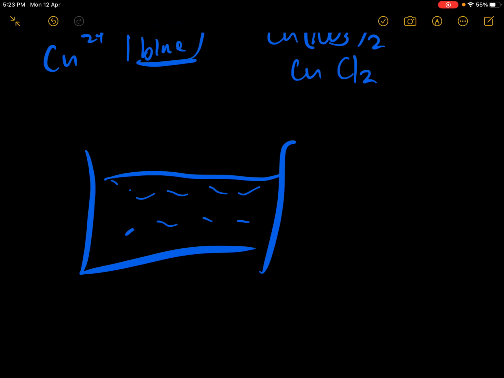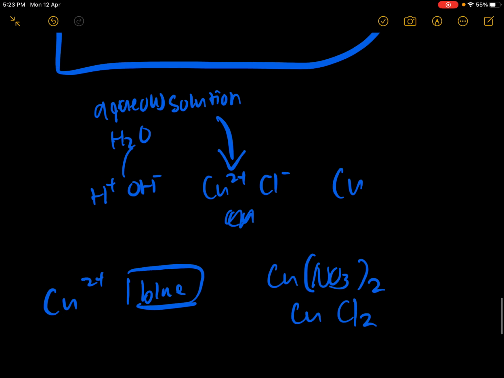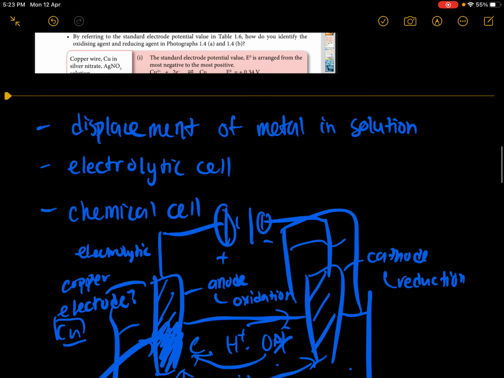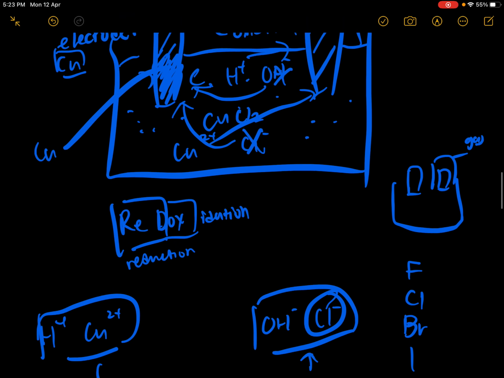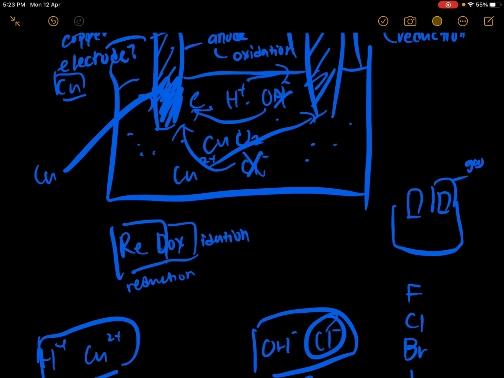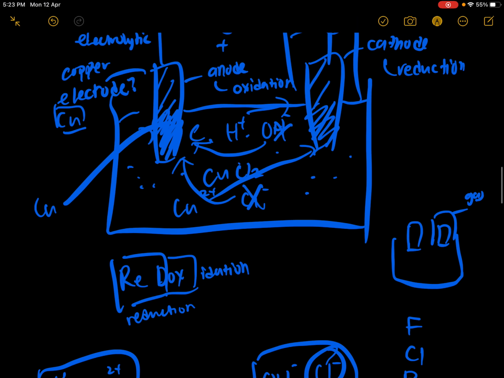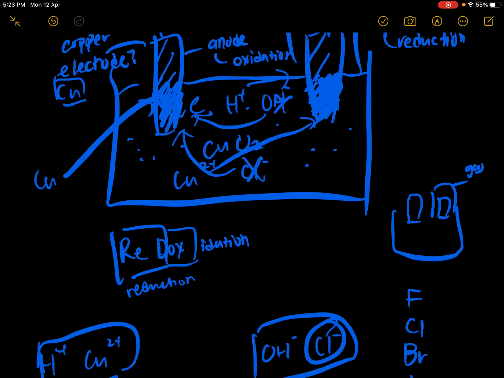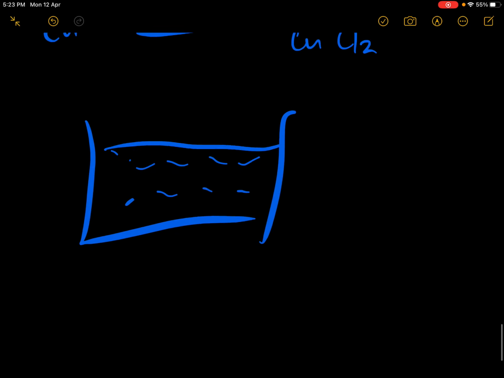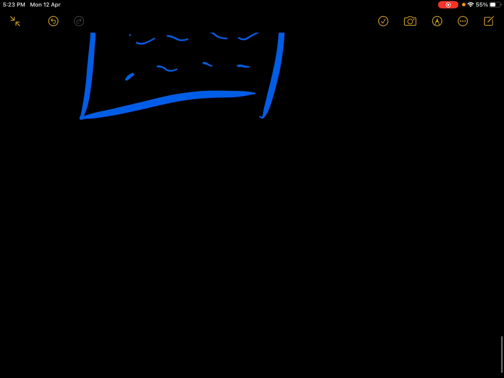And how blue it is depends on the number of copper ions. So for example, in this reaction that I just mentioned, since I use copper ions to react at the cathode, that means copper is stolen from the solution. So the concentration of copper 2 ions actually decreases.